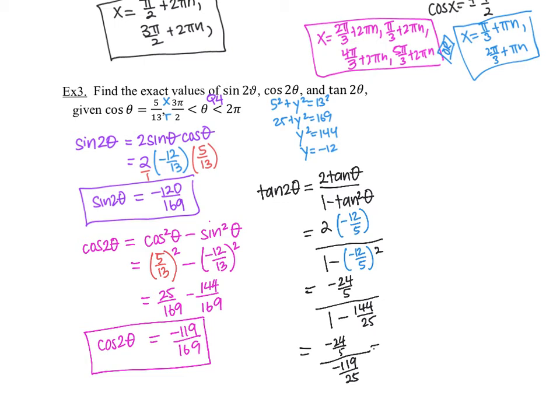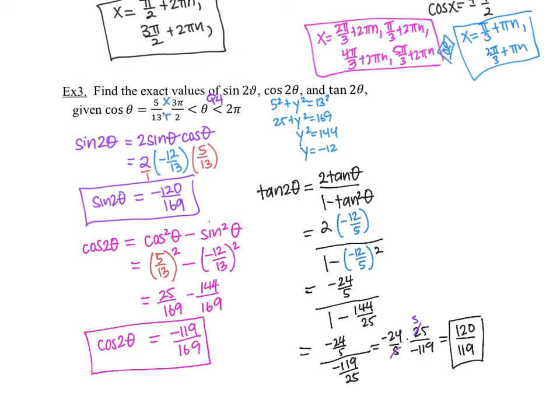Let's see, I'll do the reciprocal. Let me cancel out a 5. Okay, that gives me 120 over 119, and the negatives cancel. So the tangent of 2 theta is 120 over 119, and that's using the formula.